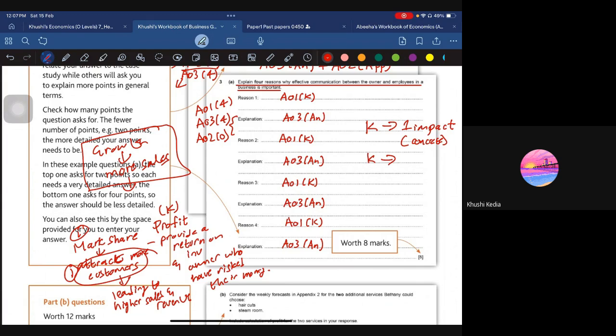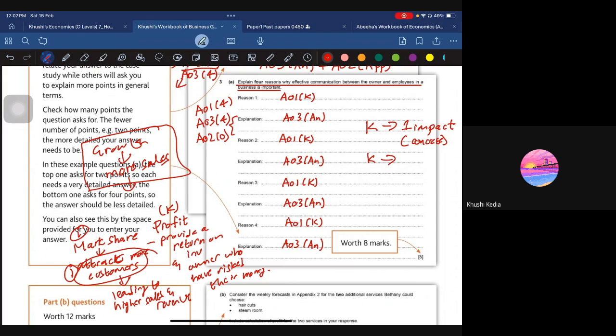Usually in six markers, they are not accepting it. Why? Because when you are making an analysis, you make it so vague that one point doesn't actually explain how the business will be benefiting from that impact or from that particular point. So your impact is sometimes vague.